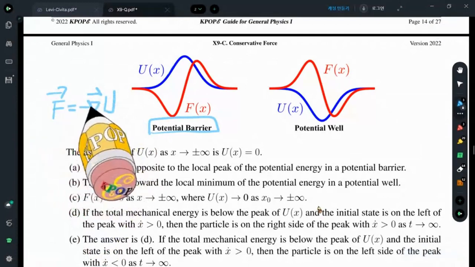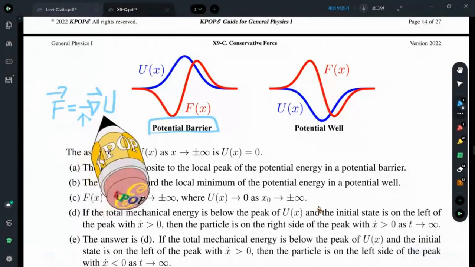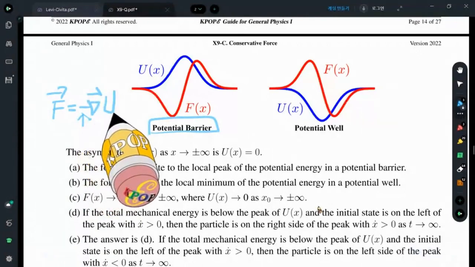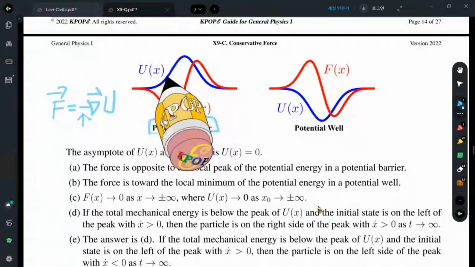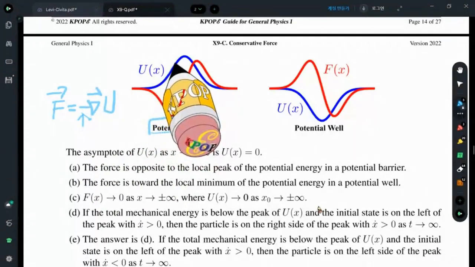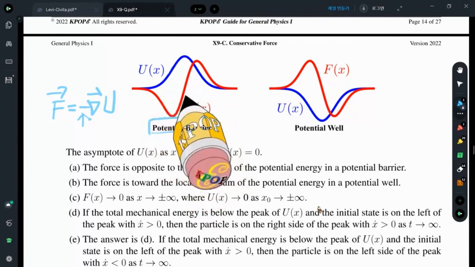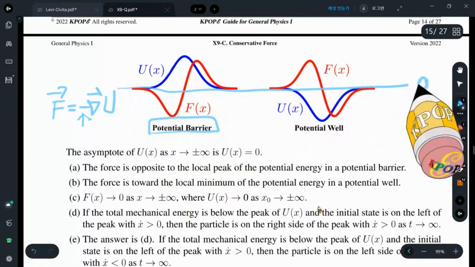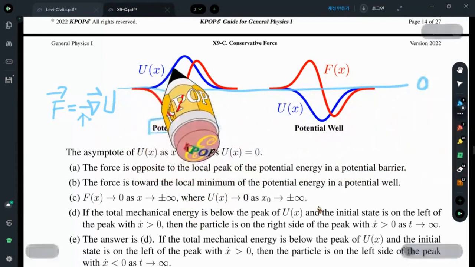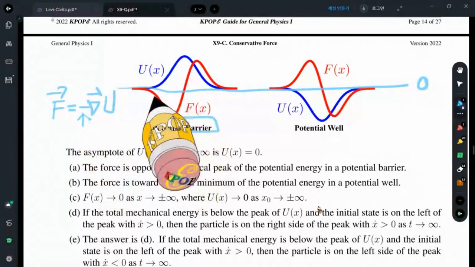So force is opposite to the direction that makes the potential increase. So here potential is increasing. That's the reason why this force is negative. Here it is hidden, it is a zero. Potential is increasing. That's the reason why force is negative.